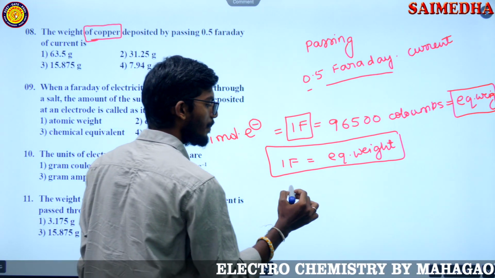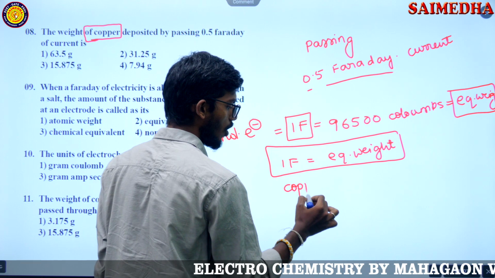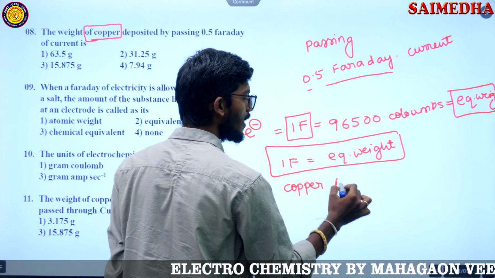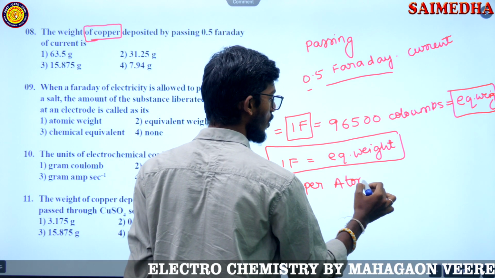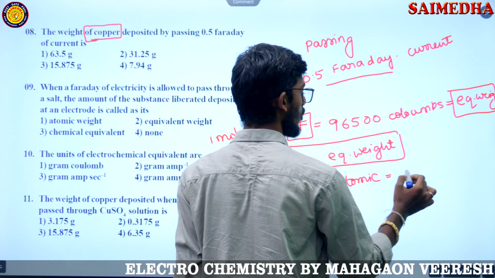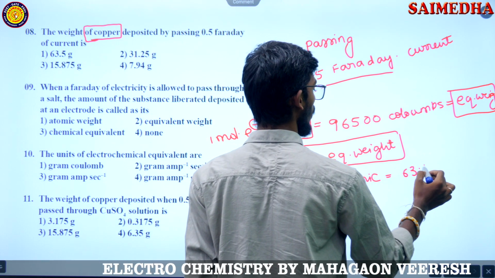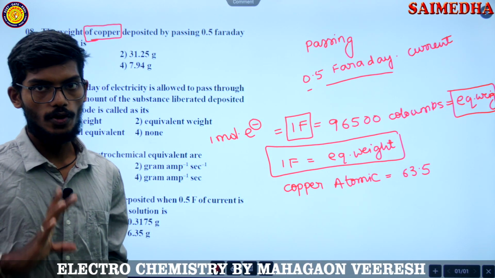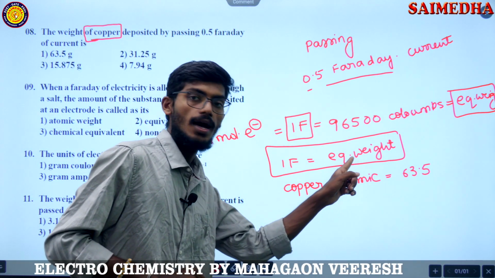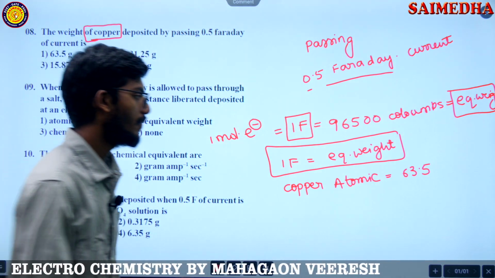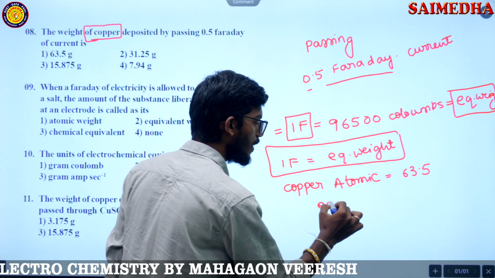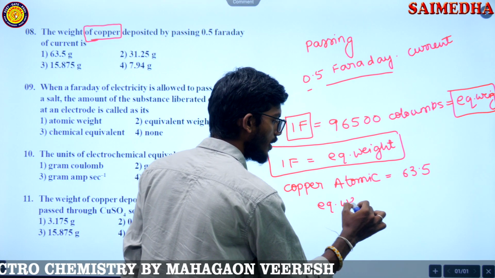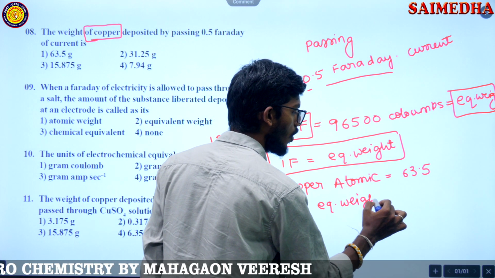So copper atomic weight, we know, is 63.5. But I want equivalent weight. So equivalent weight is equal to what?